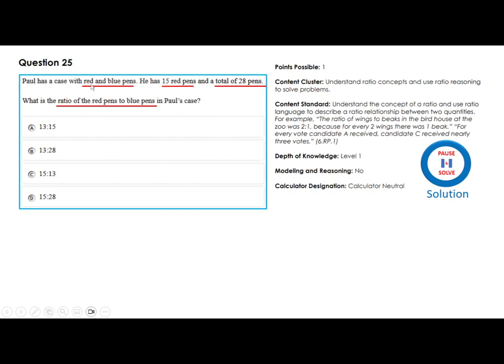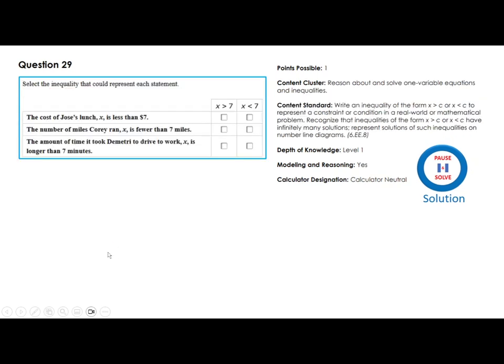I have red 15, so let's subtract 28 minus 15. That's how many blue pens you have, 13. Now you want the ratio of red to blue. Red 15 to blue 13. That's it, the answer. This is a very simple question. Don't miss questions like that.